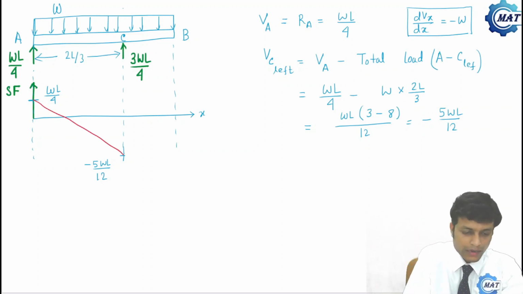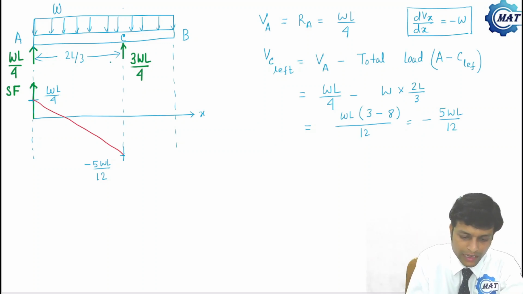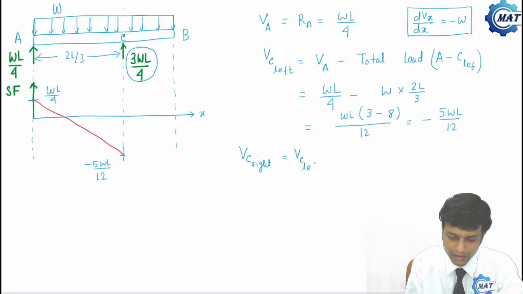Now, what is shear force just right to point C? Because at point C there is a concentrated load 3WL by 4. So VC right, that is shear force just right to point C, is VC left minus this concentrated load.